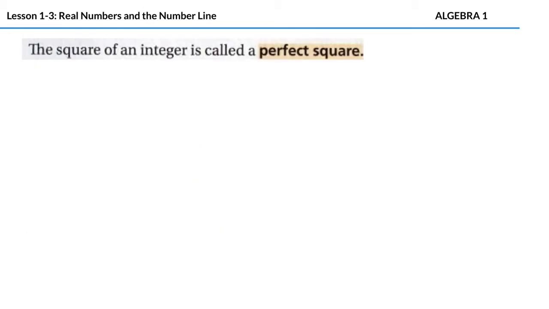So now let's move on. The square of an integer is called a perfect square. For example, 49 is a perfect square. Why? Because 7 squared is equal to 49, or we can also write it as square root of 49 is equal to 7.